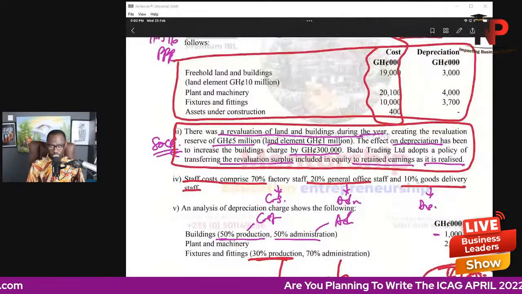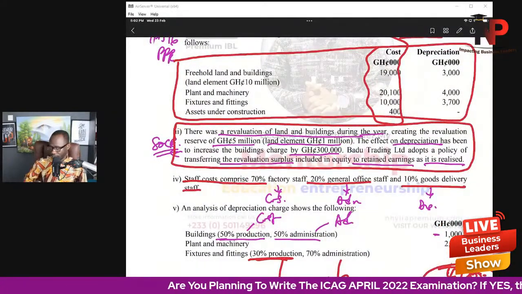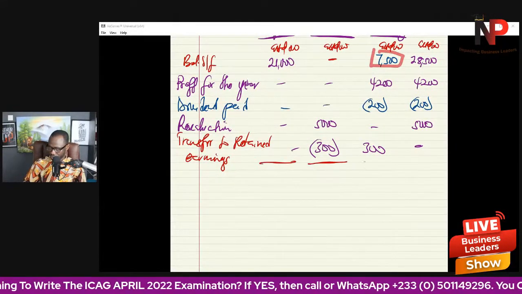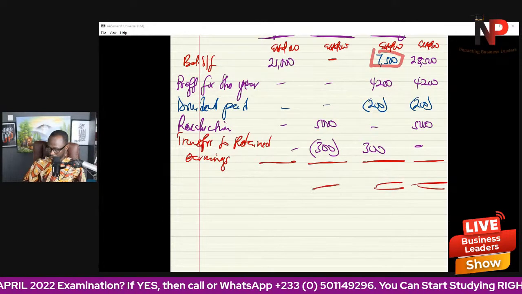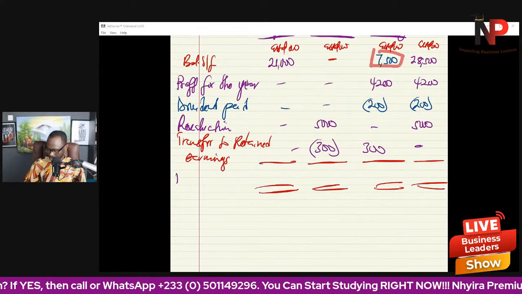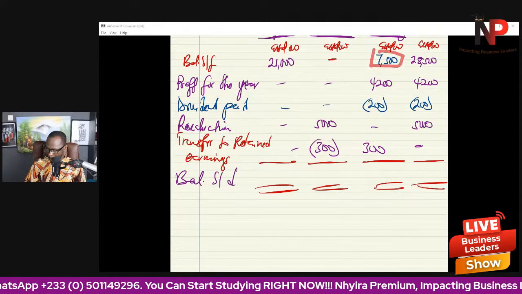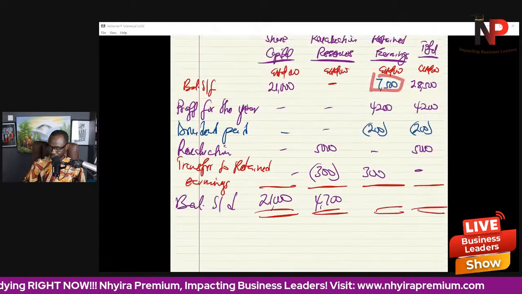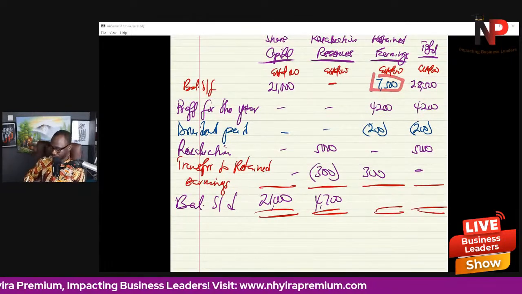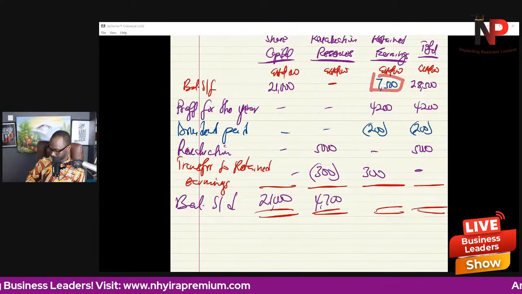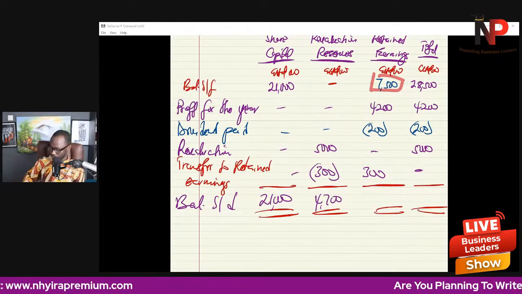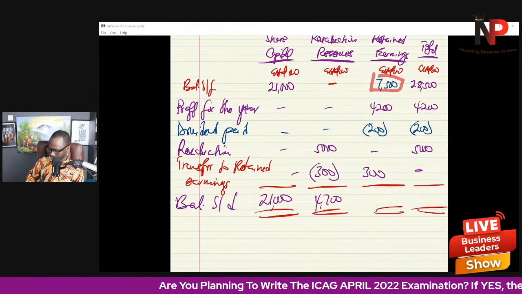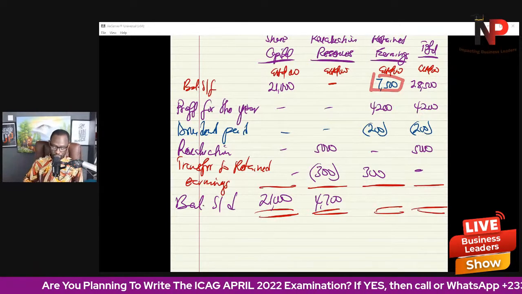So if we look at it, we've dealt with everything that has to be brought in the changes in equity. So we get a closing balance. So this 21,000, this will be 4,700. Let's work this out. 7,500 plus 4,200 minus 200 plus 300, and I'm getting 11,800.